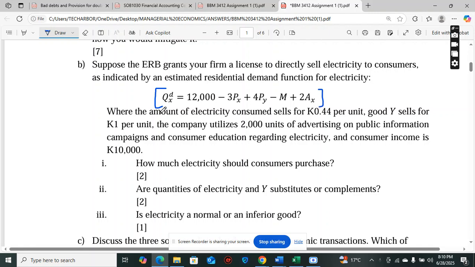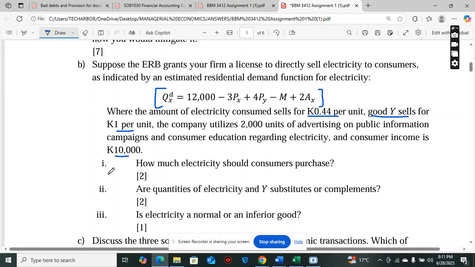It tells us where the amount of electricity consumed sells for 0.44 per unit, good Y sells for 1 kwacha per unit. The company utilizes 2,000 units of advertising on public information campaigns and consumer education regarding electricity. And consumer income is 10,000.